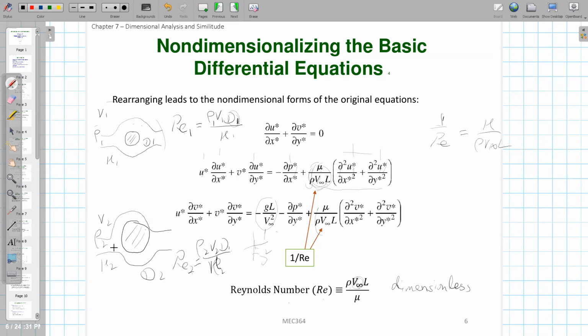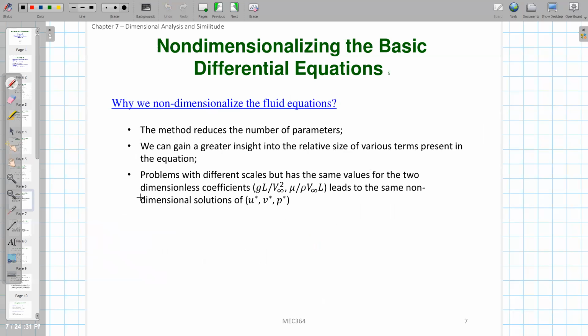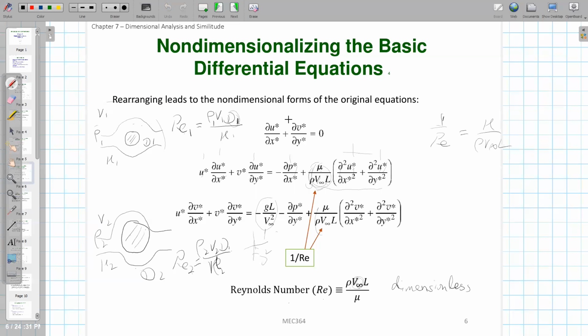Even though I didn't measure this one, I can quickly get its result from the non-dimensionalized equation. Why? Because when the Reynolds number is the same, both problems can be reduced to the same non-dimensionalized equation. This non-dimensionalized equation is only affected by the Reynolds number.